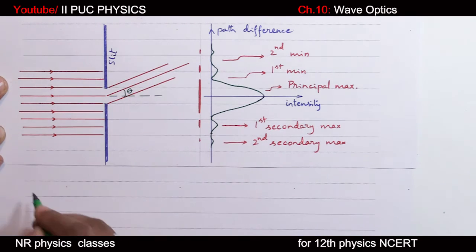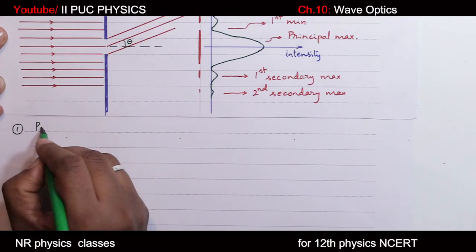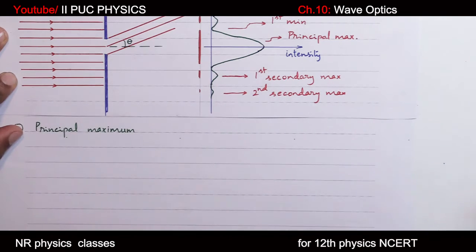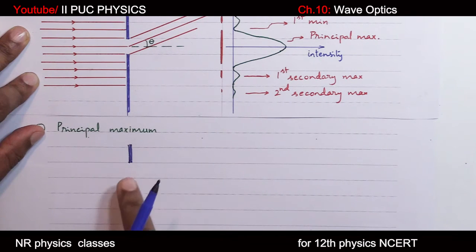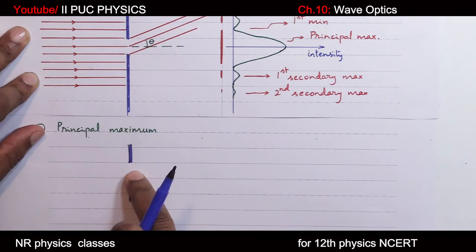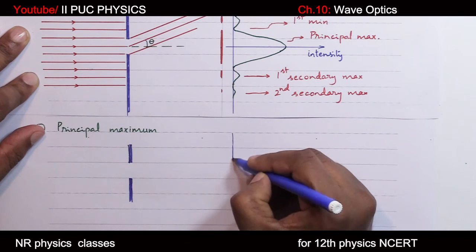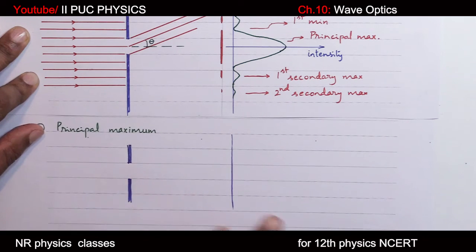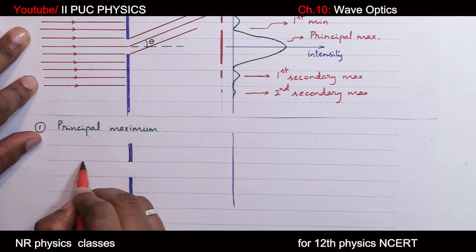Now let me explain the formation of the principal maximum. This is the slit, and this is the screen. These are the incident rays.